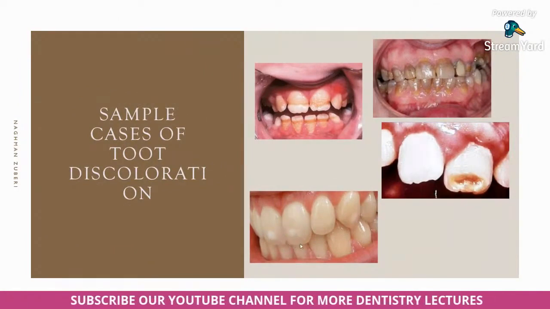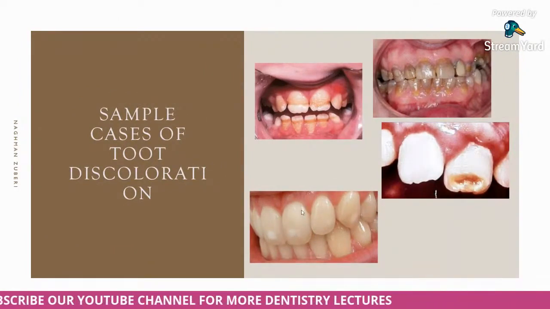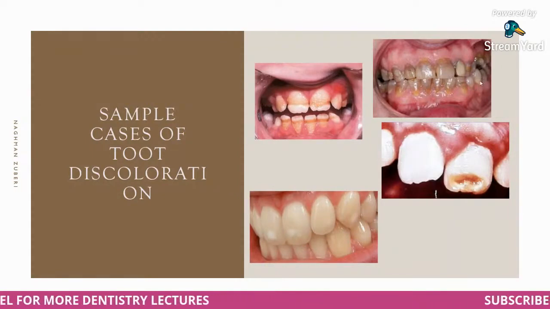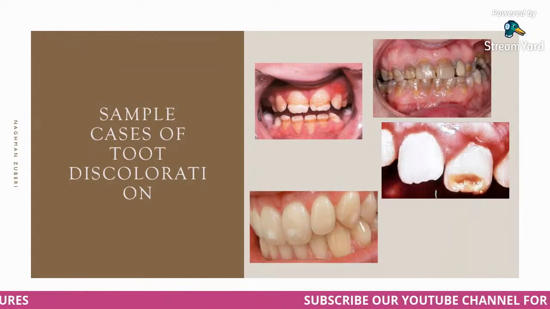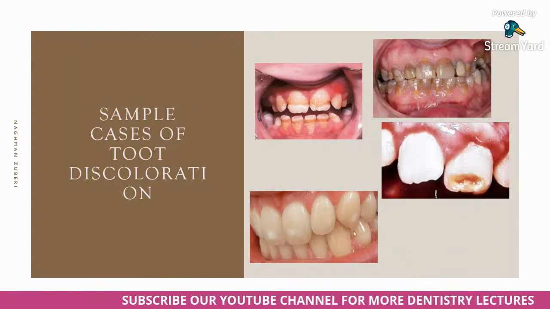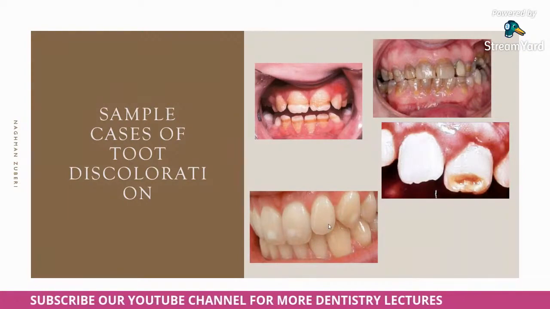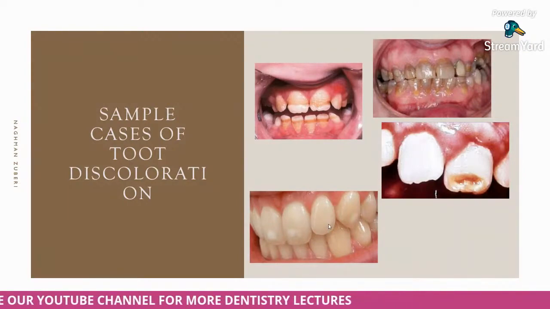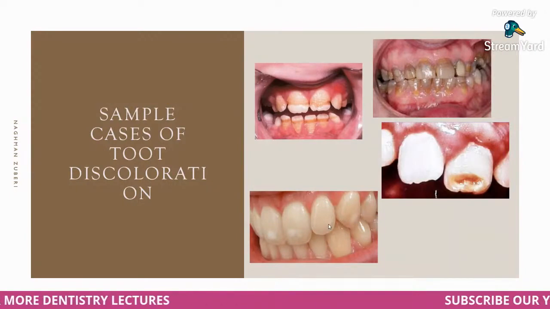If you don't know the reason behind a particular type of discoloration on the teeth, whether it's an enamel hypoplasia or tetracycline discoloration, or it is a Turner's tooth, or it is just mild fluorosis, and your diagnosis is not correct, then the next step would be the treatment planning or treatment options, treatment modalities.